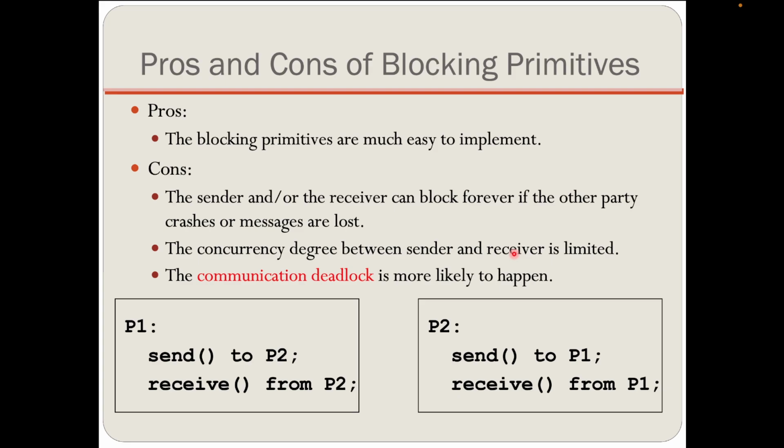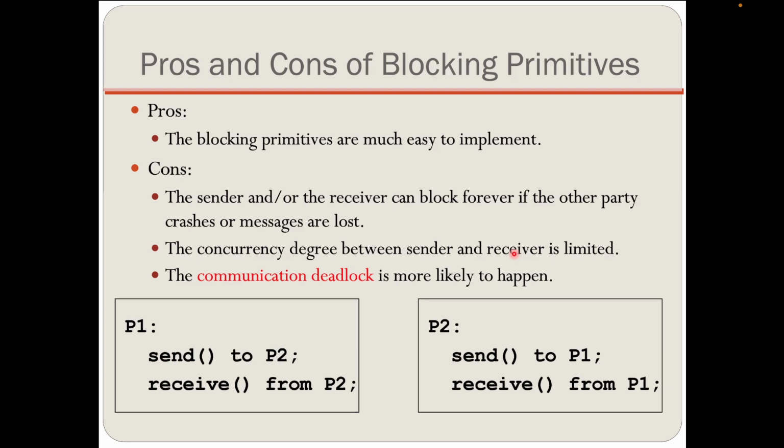Here is an example. For example, processes P1 and P2 both use this communication. P1 tries to send a message to P2 and then waits for an acknowledgement or response. And P2 does the same thing.